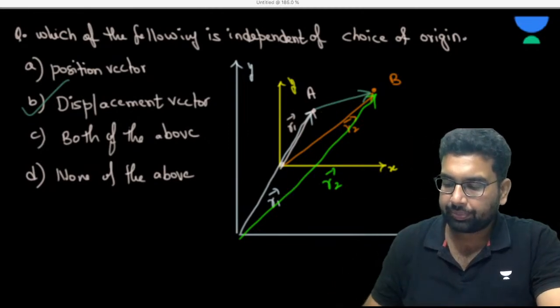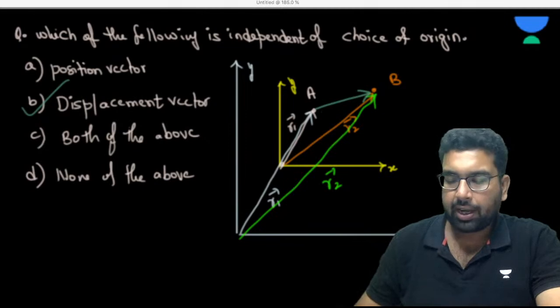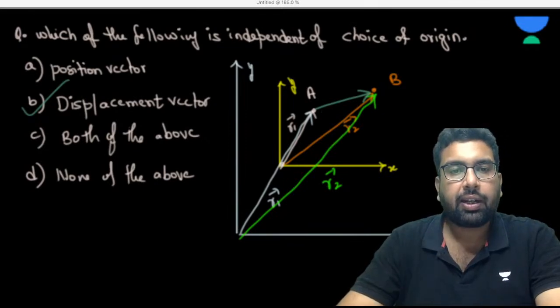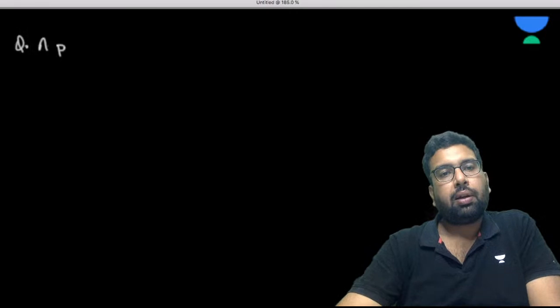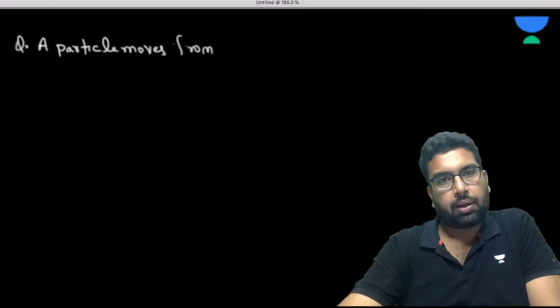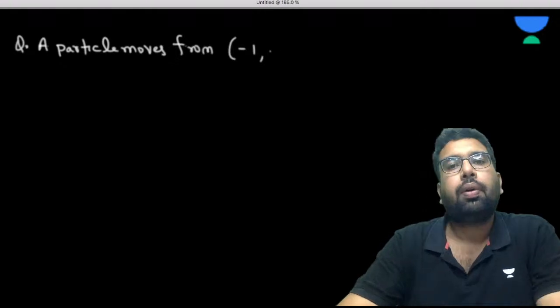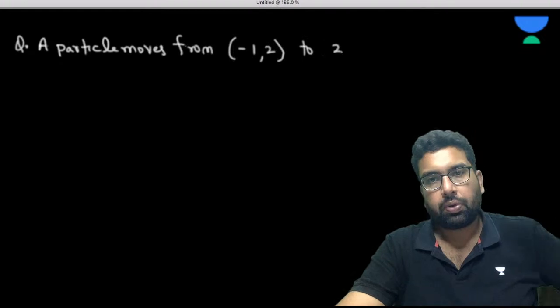Wonderful, Beta. I hope you are getting that thing. So let's try one question then again. Now let's suppose a particle moves from (-1, 2) to (2, 3).